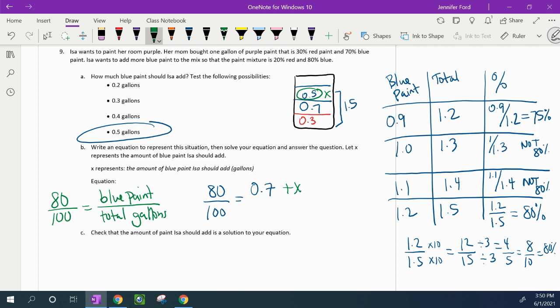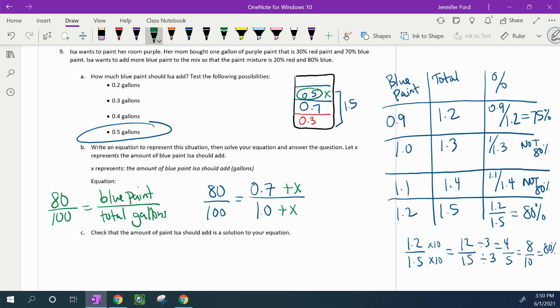And when we're writing the equation, you're pretending you don't know that the answer is 5/10. So this is a different way of solving it. Okay. So 7/10 plus the amount of blue paint that Isa added is the amount of blue paint total in my mixture. And then the total gallons is 1 gallon, and then plus the amount of blue paint that Isa added.